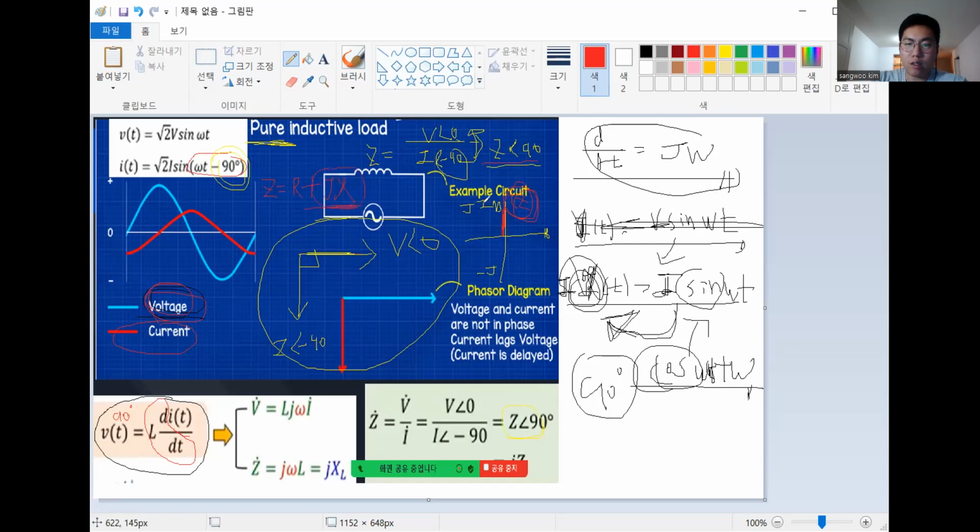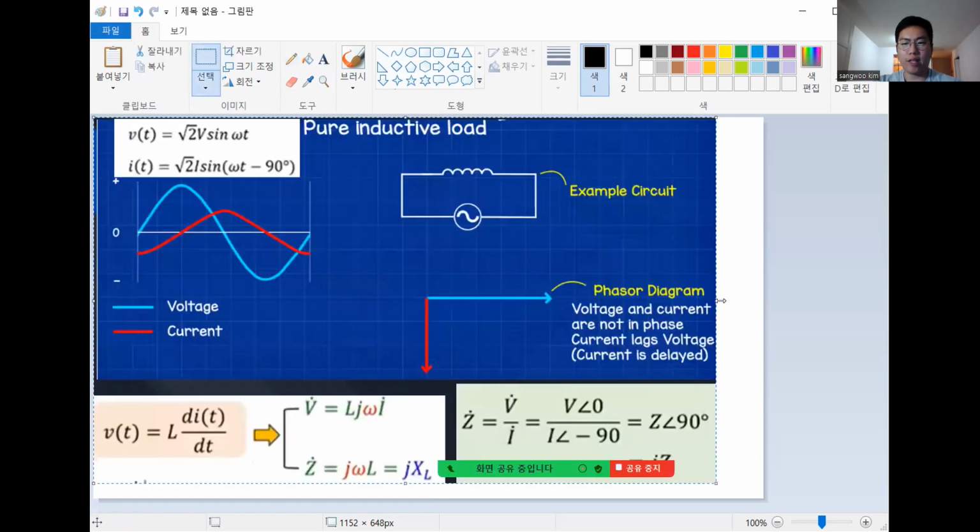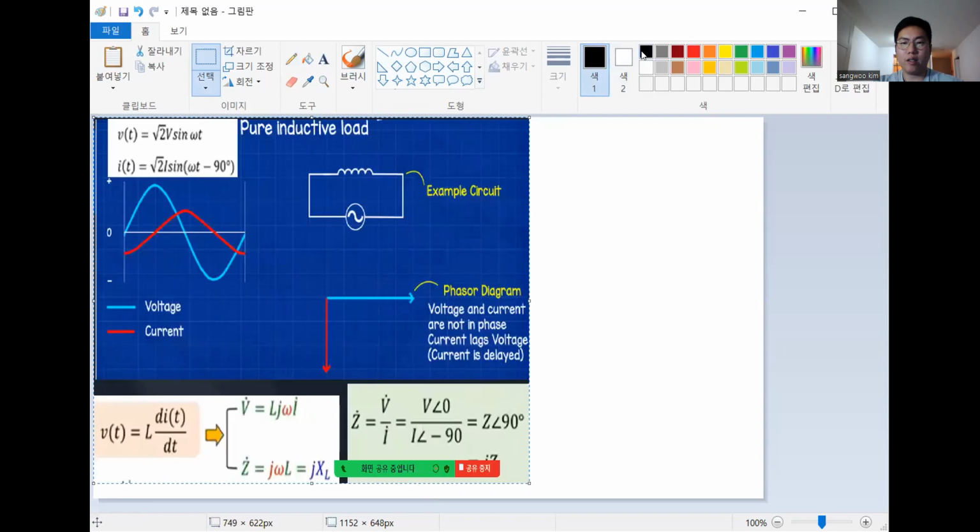So this part, we say reactance. And we will do a little bit more about math. Not actual math, don't worry about it, okay? Actually, I don't like explaining math, but sometimes we need it. So we will look at how we get this, okay?